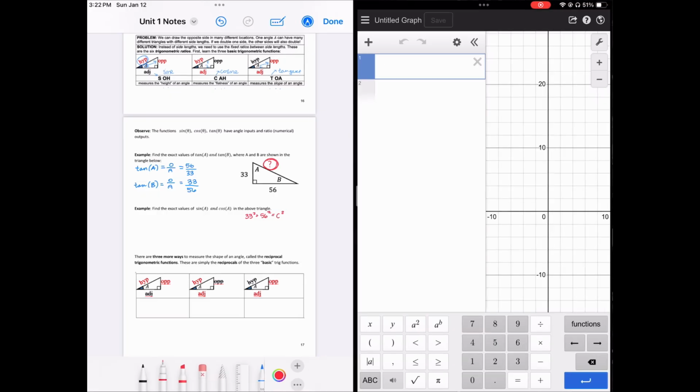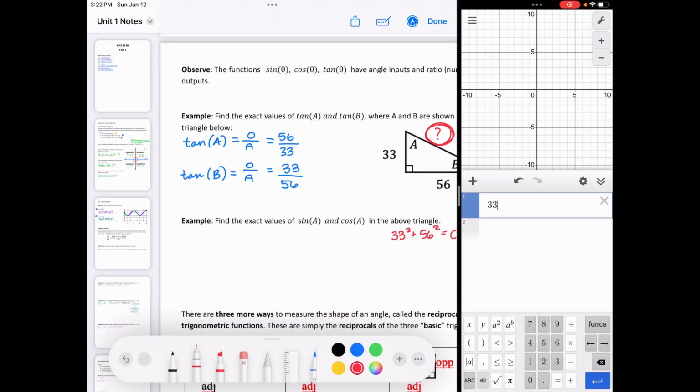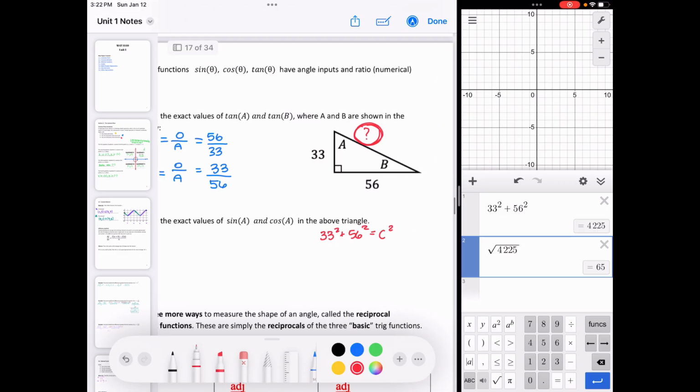Let's see, 33 squared plus 56 squared. Then we have the square root of this. That's going to be 65.